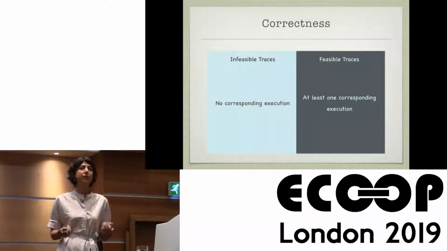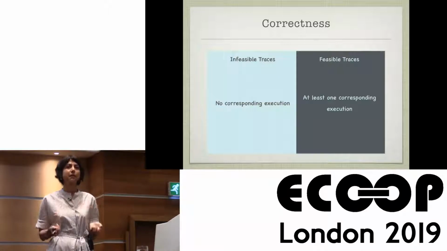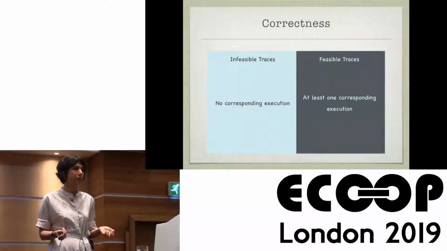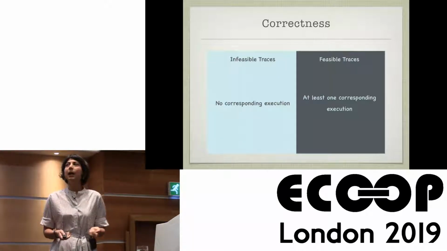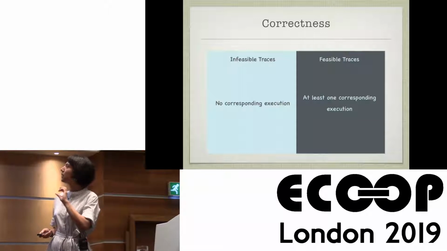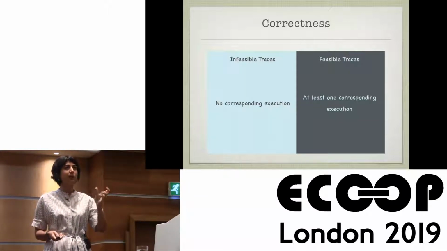A feasible trace corresponds to at least one concrete execution, and an infeasible trace is one for which there is no concrete execution. Okay? And I want to change correctness a little bit from the simple rule I showed you to an equivalent notion that is more convenient from this point on.